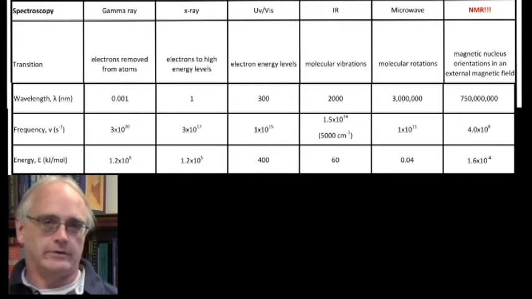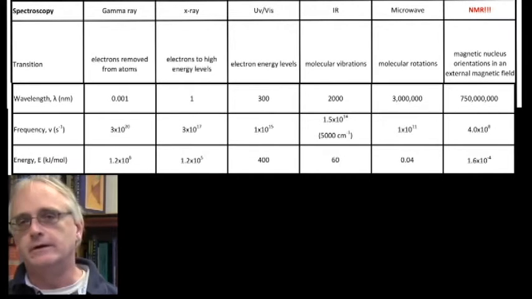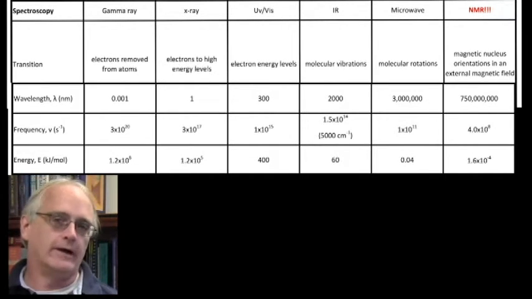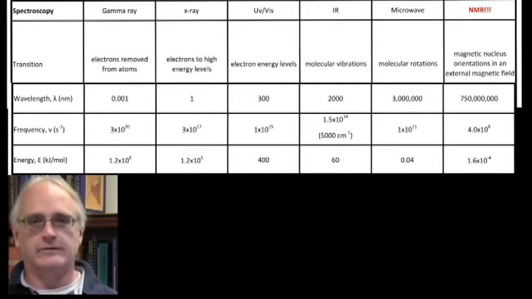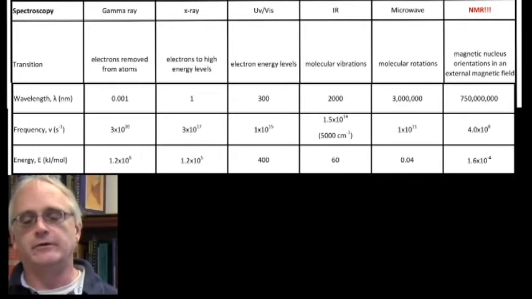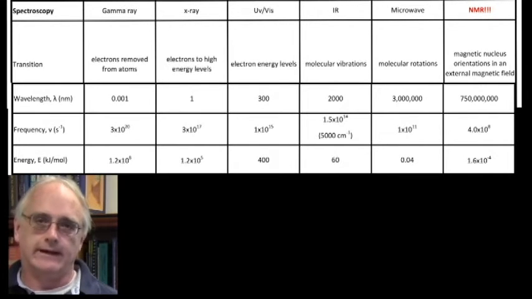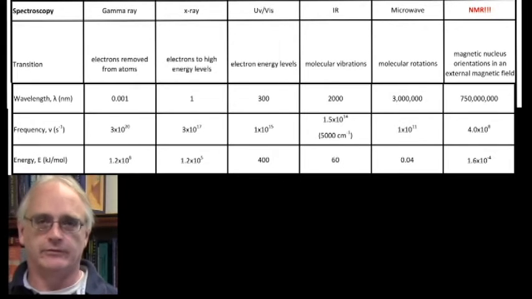There are other ways of talking about spectroscopy involving the numbers, typically wavelengths, frequencies, or energies. Here are these various numbers all in common units. I'm using energy in kilojoules per mole. Those are the types of energy units that many chemists are most familiar with.